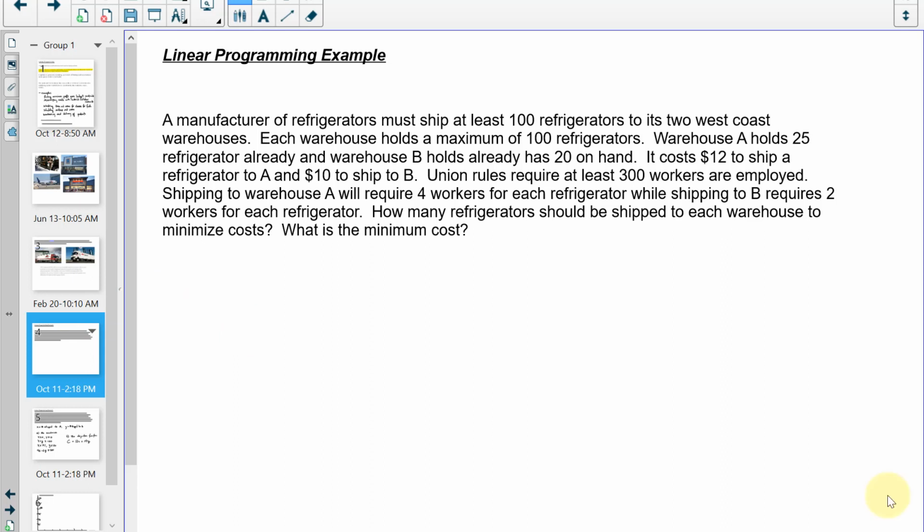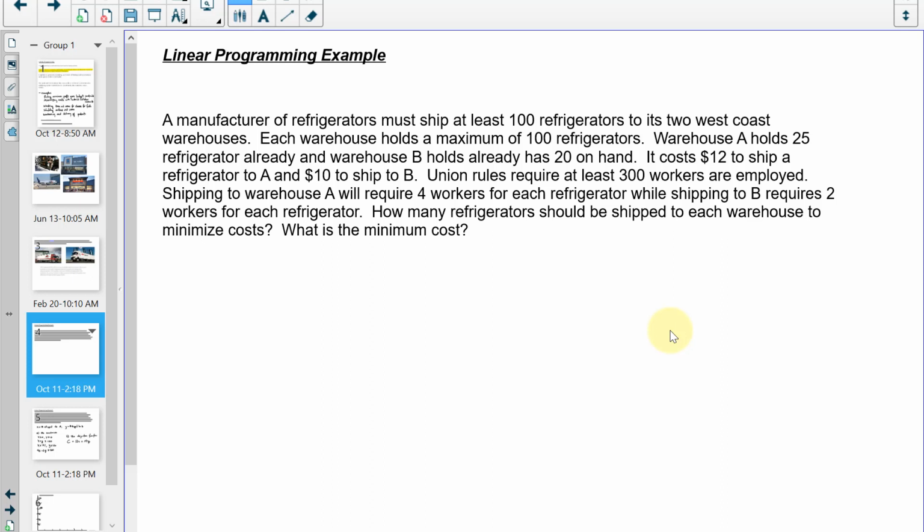This question says a manufacturer of refrigerators must ship at least 100 refrigerators to its West Coast warehouses. Each warehouse holds a maximum of 100 refrigerators. Warehouse A holds 25 refrigerators already, and Warehouse B already has 20 on hand.